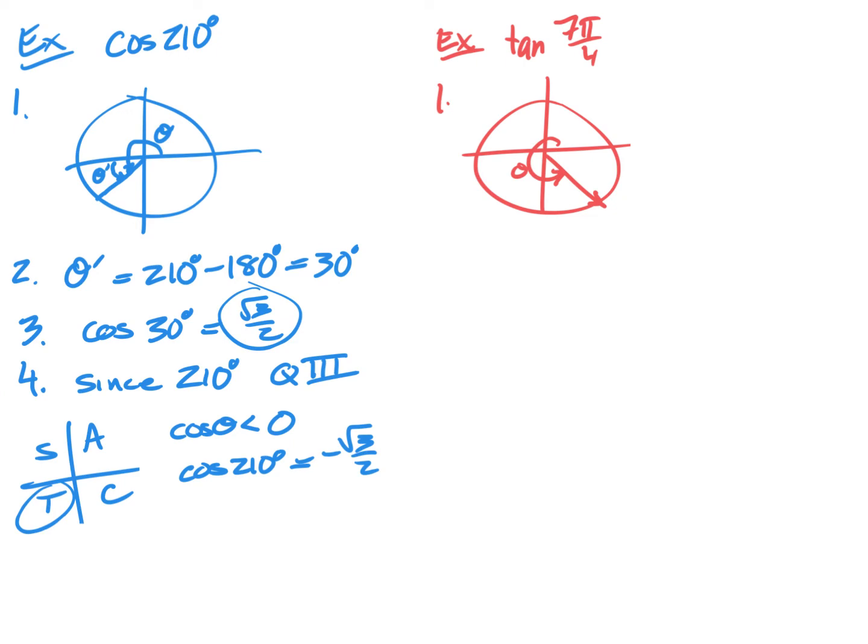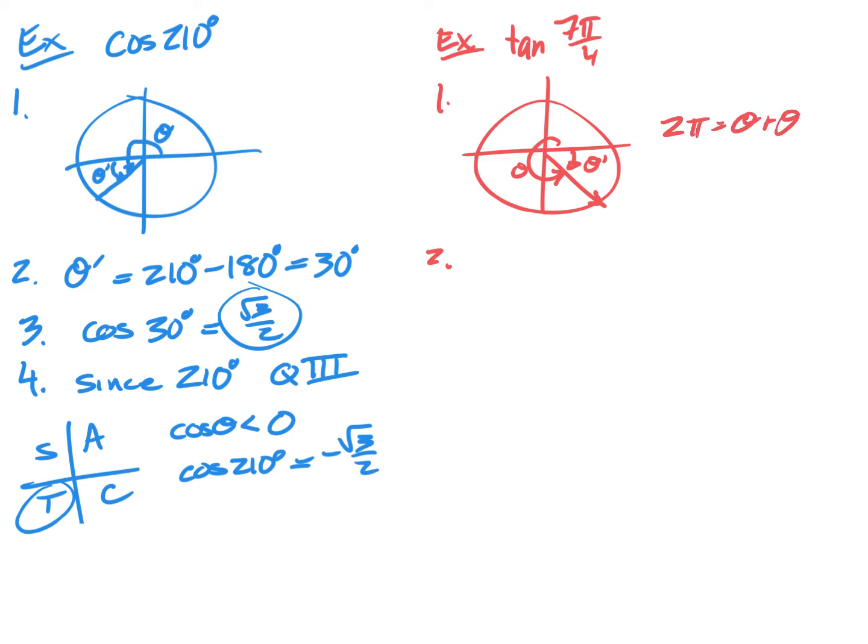Our reference angle is going to be this angle right here, theta prime. So step 2, the reference angle, theta prime, and how do we get that? We see that theta plus our reference angle theta prime is one complete circle, or 2 pi.